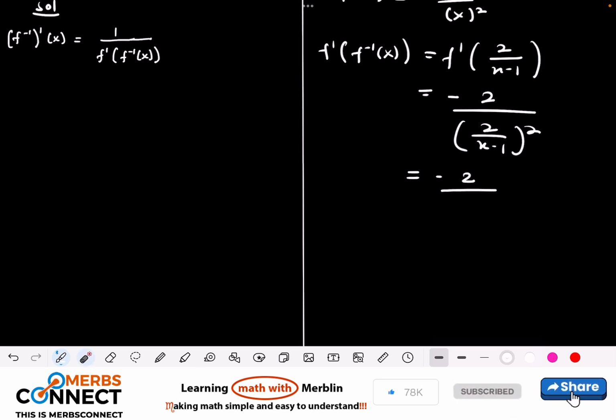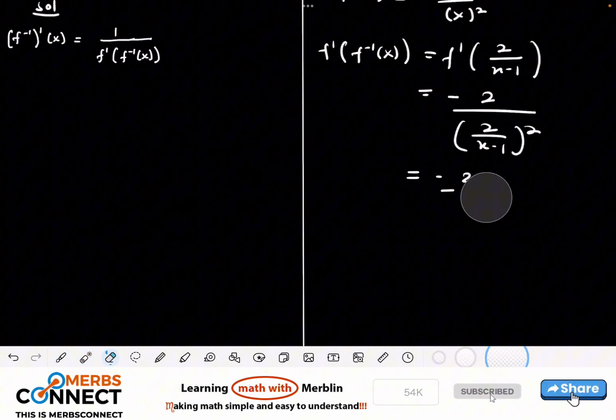So if I have a divided by b all squared, this is the same as a squared divided by b squared. So I square the denominator, I square the numerator, right? So this is going to be, so this is what I want to do so that we don't get confused.